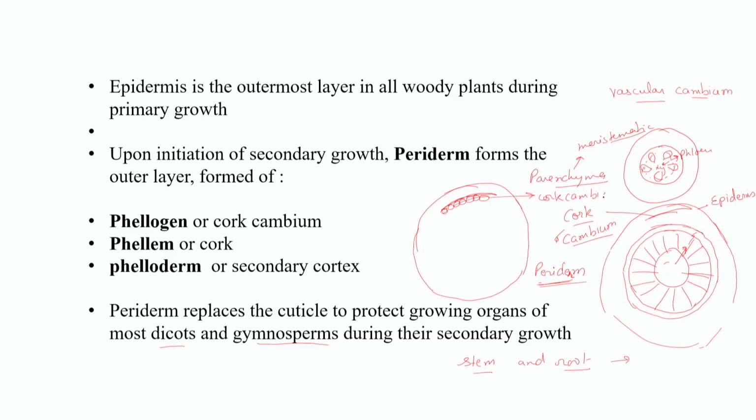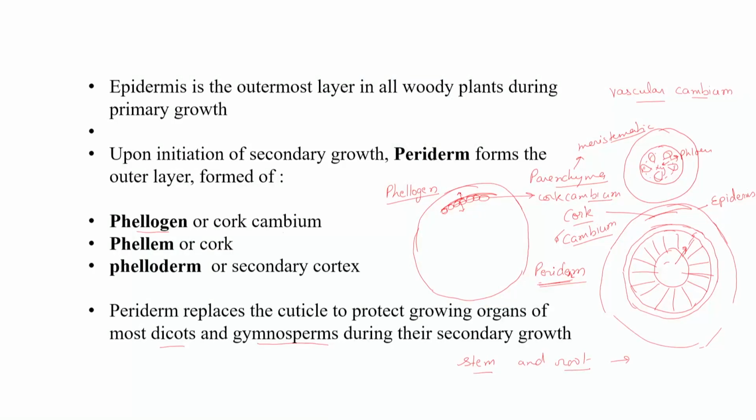Now this cambium will behave almost in a similar way to the vascular cambium, cutting tissues on either side, but definitely they will not be xylem or phloem tissue. This cork cambium is also known as phellogen. Don't get confused by all these names, because many times in exams questions could be asked using other names also, so it's important that you remember all the names.